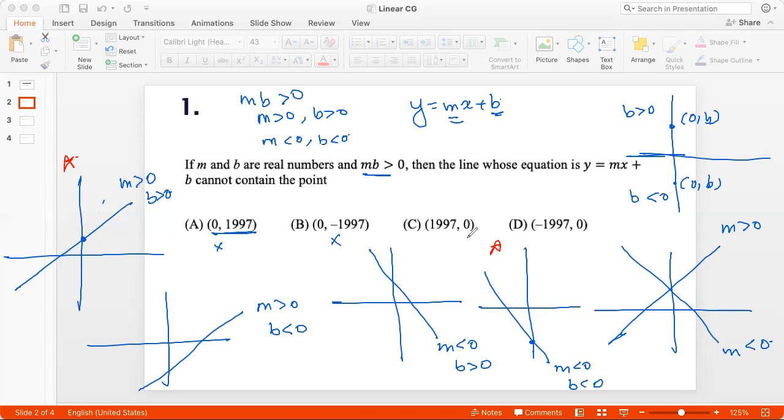So this point cannot lie on either of my lines, and so this should be my answer. What about negative 1997, 0? That can definitely happen. So A, B, and D can lie on that line, but C cannot. So the answer is C.